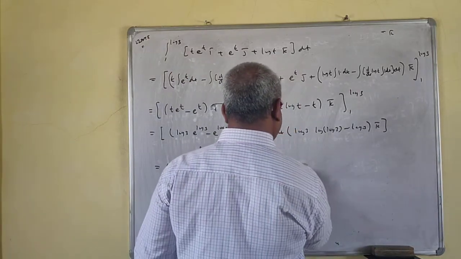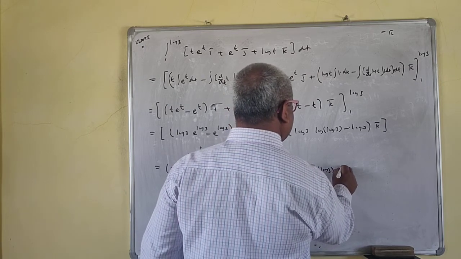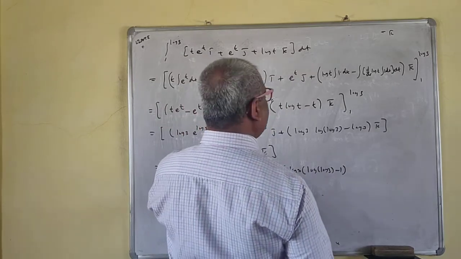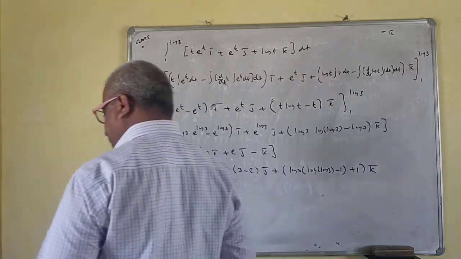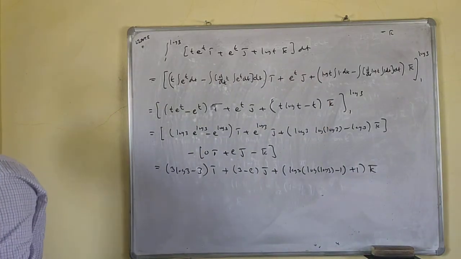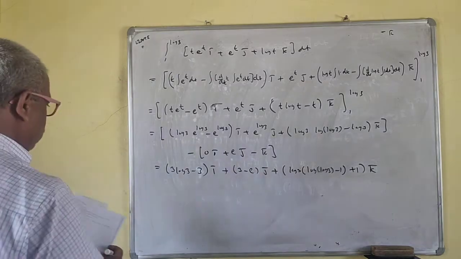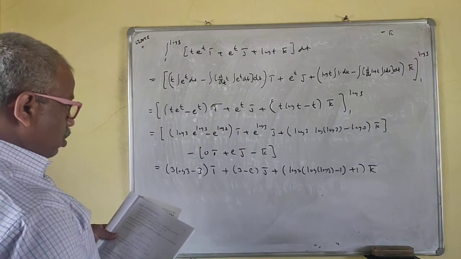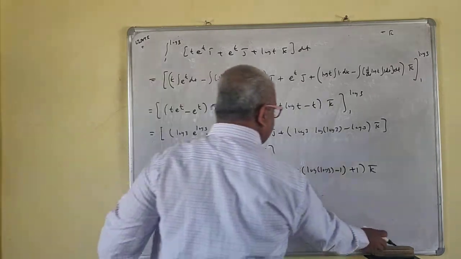Here you can take log 3 common, so this is log 3 minus 1, and here minus minus becomes plus, so plus 1 k bar. Okay, so this is the value of the integration. Okay, so next we will do this.